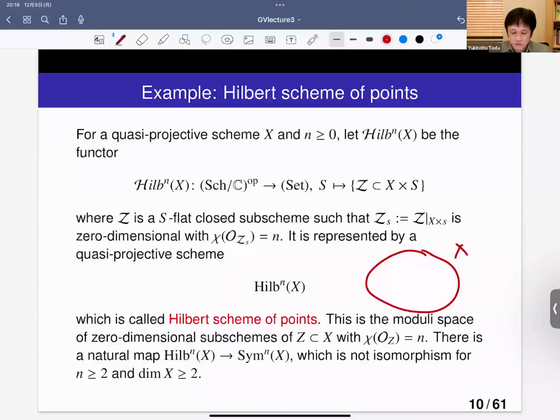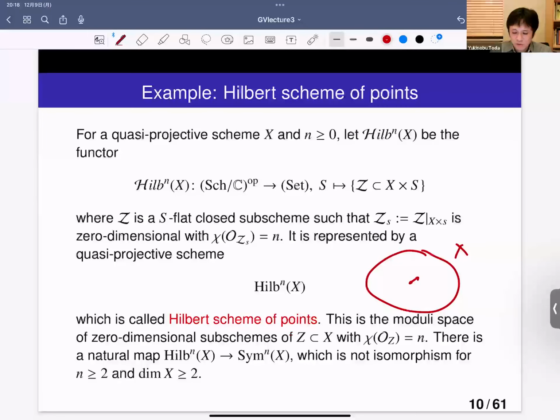So we have this space. For example, for simplicity, let's say n equals 2. Then generically you might have these two points. But at some special point, for example, when one moves to the other, it may correspond to some fat point.